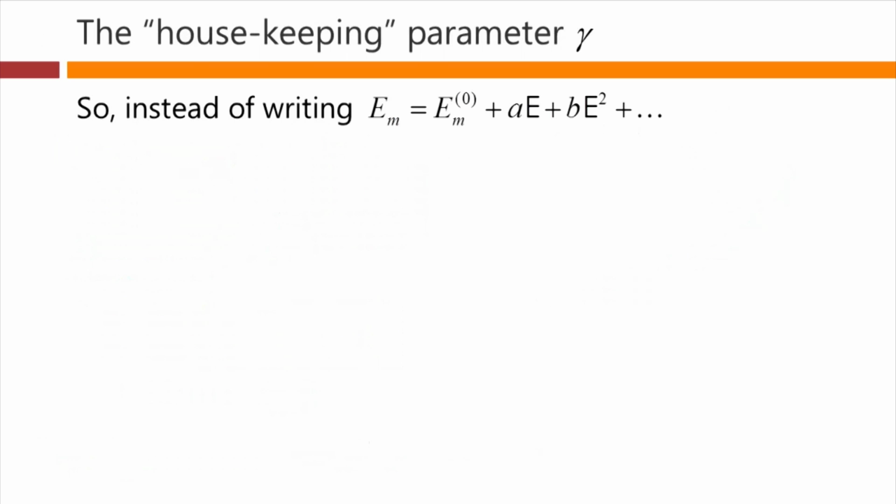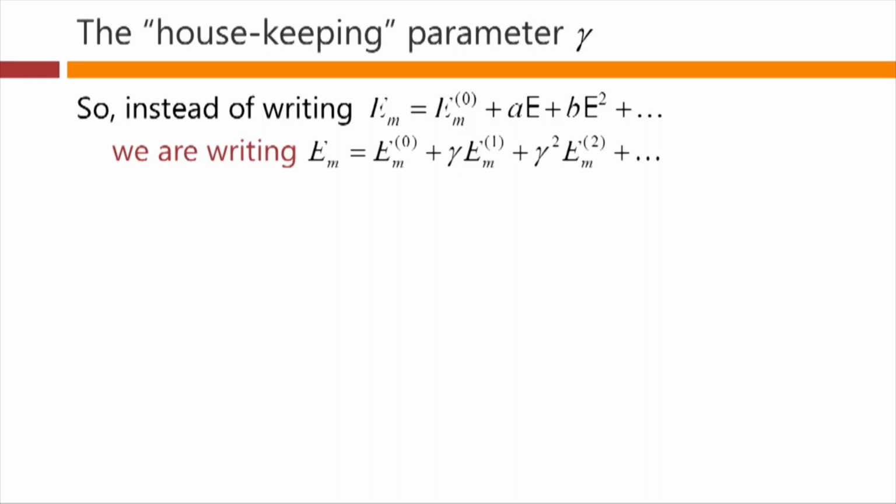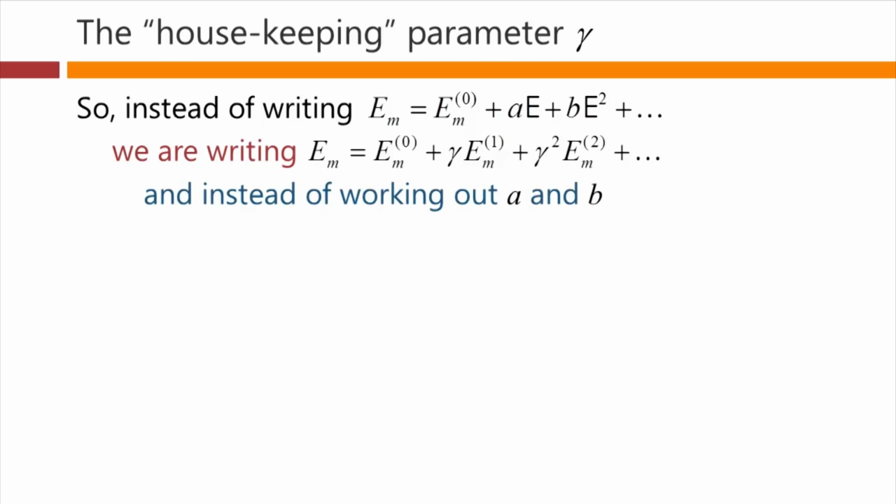So instead of writing that the eigenenergy is the initial value plus something proportional to the perturbation plus something proportional to it squared, we write instead the initial value plus gamma times some constant here plus gamma squared times some other constant here. This constant is really taking the role that the A took there, and this one is really taking the role that the B took there.